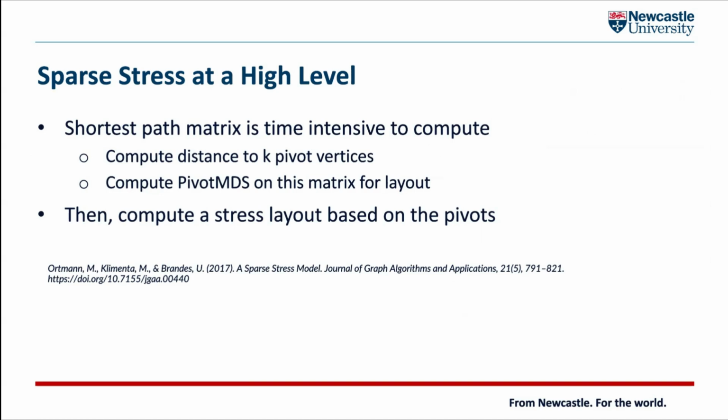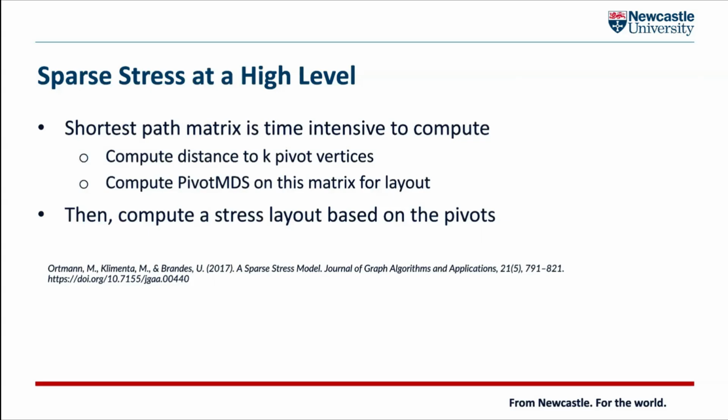A little bit more information on the sparse stress model that I was talking about before. Remember this classical MDS business I was talking about before, where you have this high-dimensional data set that you compute a projection of?